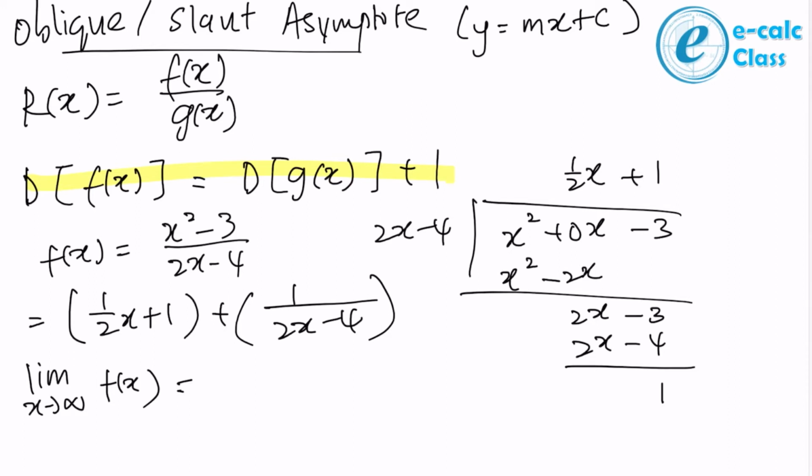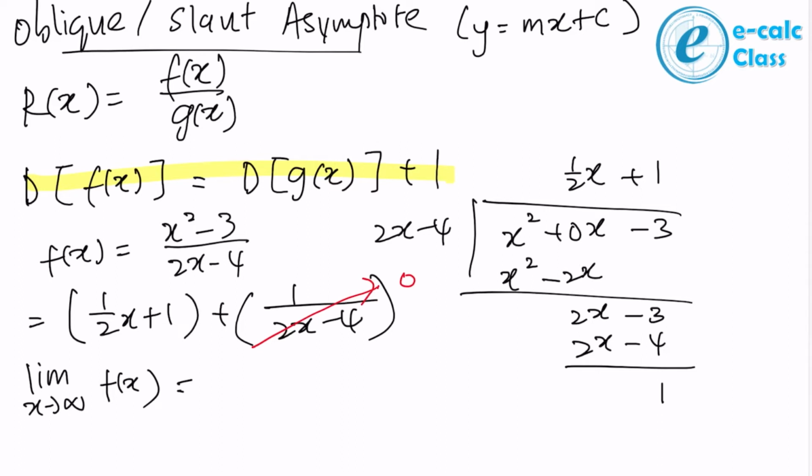When x gets very, very large, this one is definitely not going to converge. It's still infinity, so it's pointless to say anything. But what I want you to take note of is, when x becomes very big, what happens to this one? This will be 0.